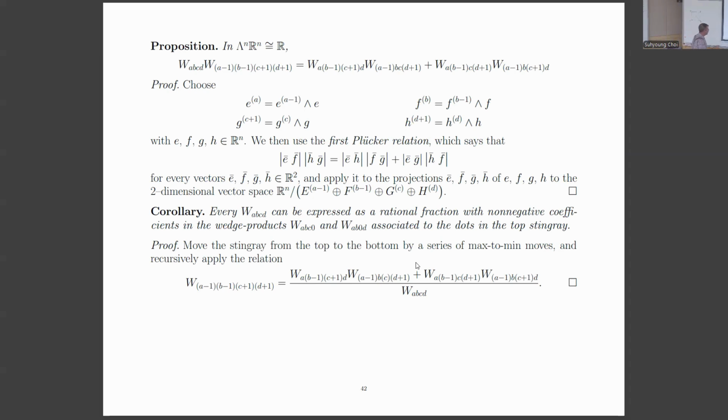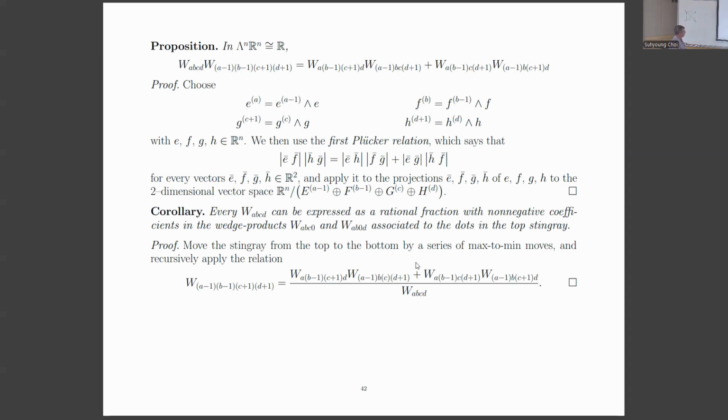And what you see is that it expresses, as you push down the stingray, the wedge product associated to the new vertex on the stingray, this one here, as a function of the elements in the old stingray. And in addition, you may notice that this is a rational fraction with positive coefficients. So you do it, and that proves the result.